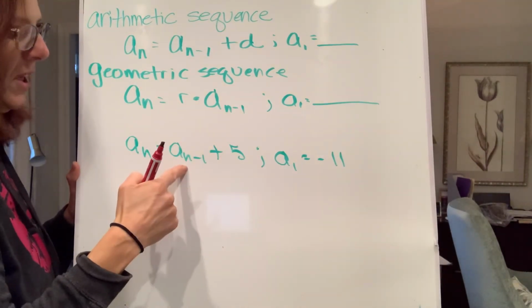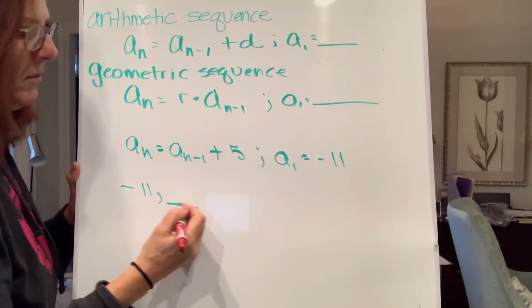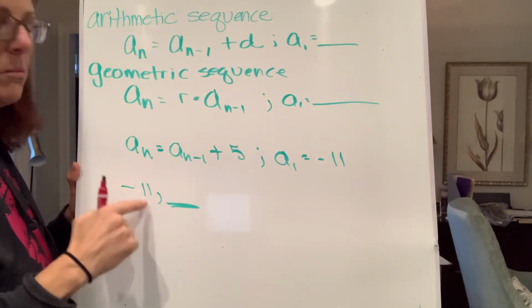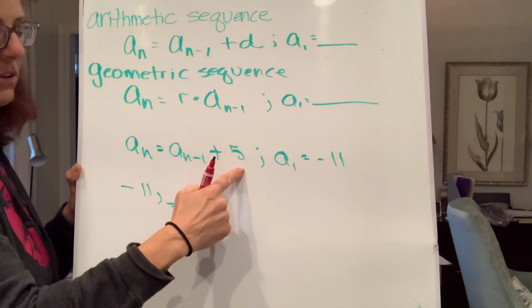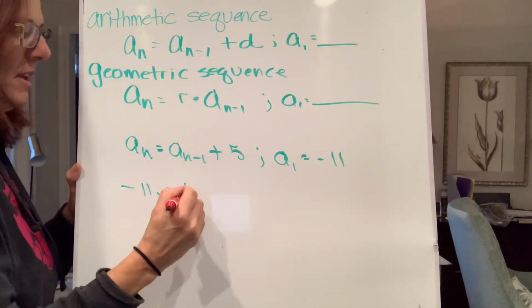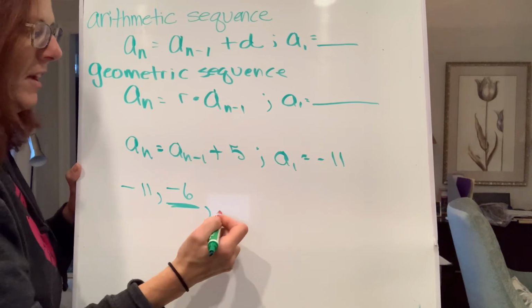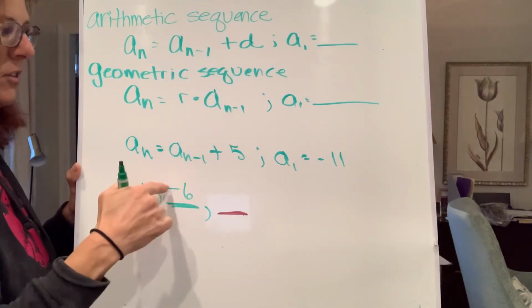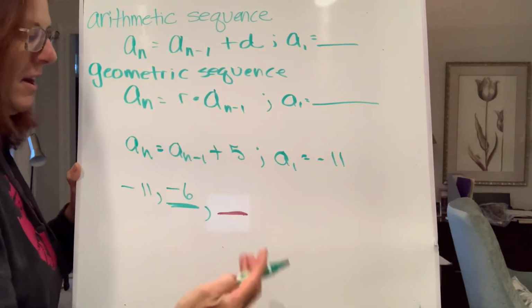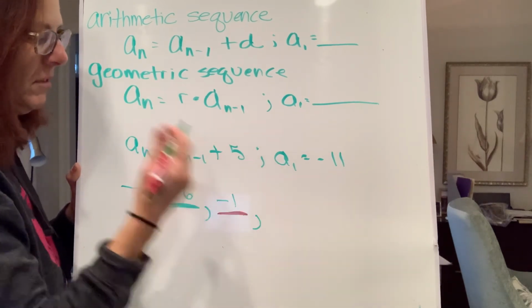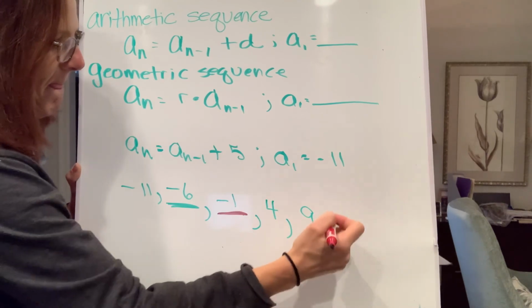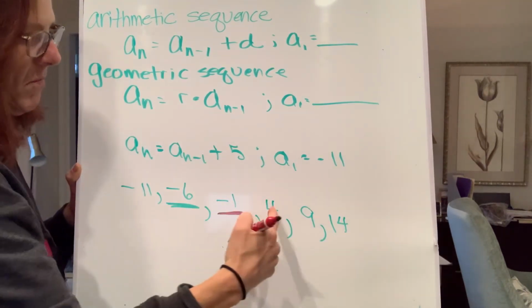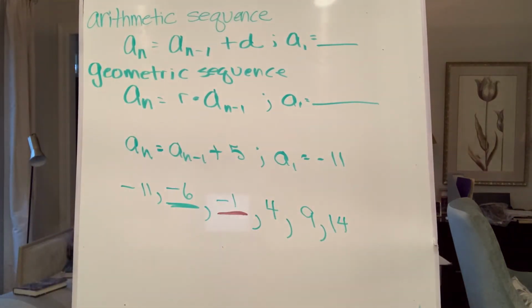And then the rule says to get this one here, I'm going to take the one before it, which is negative 11, and add 5. So negative 11 plus 5 is negative 6. Now to find this term, it says take the one before it, add 5. So I get negative 1. And then I just keep going. So there are my first 6 terms in that sequence.